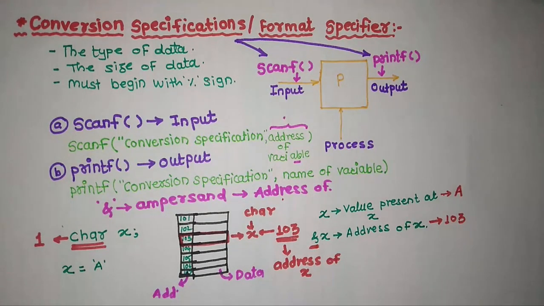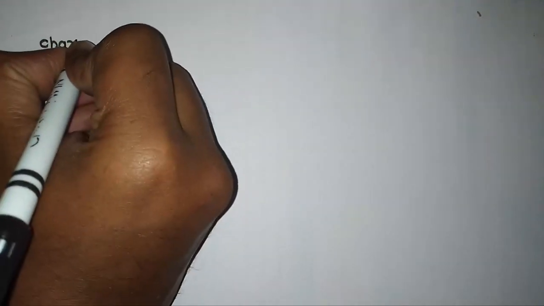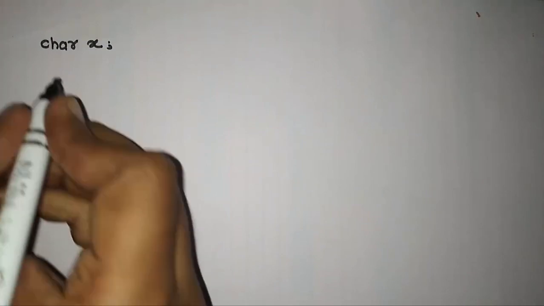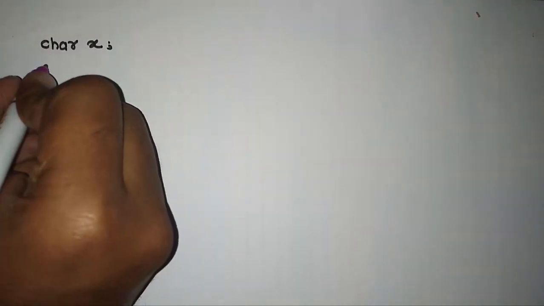Now let us see how to take data input using the scanf function and send data output using the printf function. We declare a variable x with the data type char. Now to assign a value to this variable, we make use of a function called scanf.